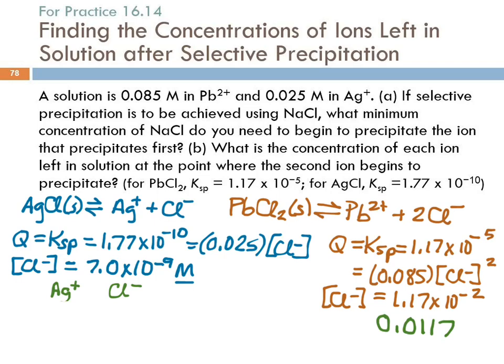0.0117 is smaller, right? So this will be 0.025 minus 0.0117, and this is going to be essentially 0. Okay? So what's that come out to be? 0.025 minus 0.0117 is 0.0133.